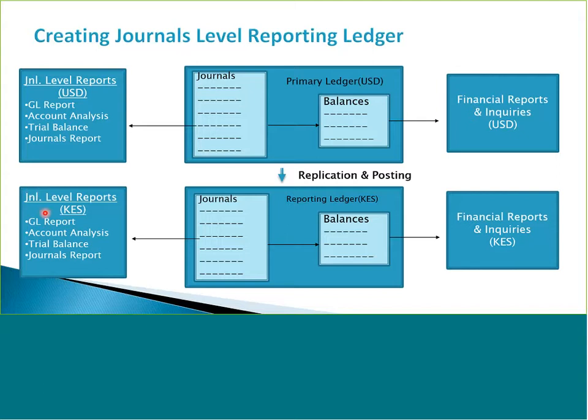So the solution is to create a journals level reporting ledger. And how does it work? When we post journals in our primary ledger, those journals are replicated and converted to the reporting currency, and then the journals are posted.